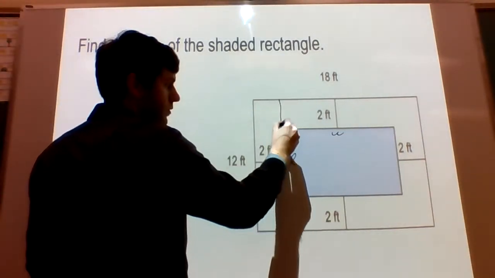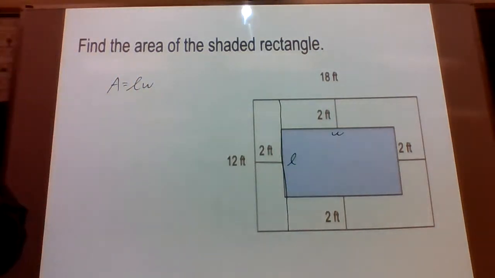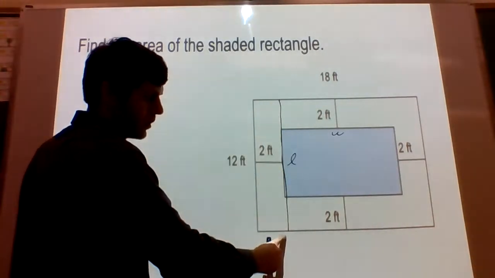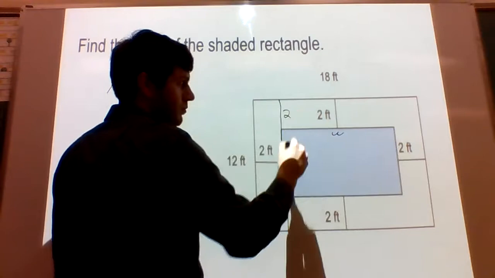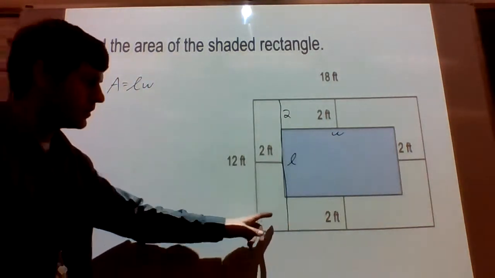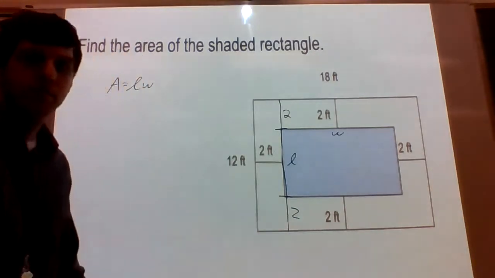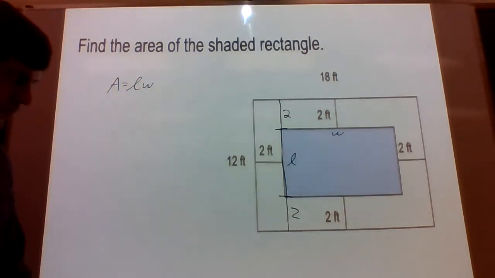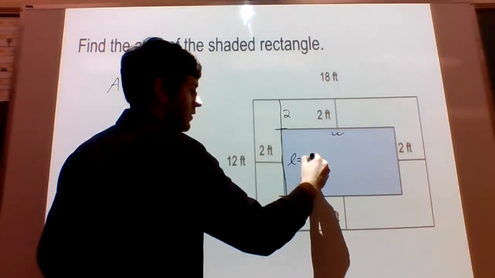So let's consider this length right here. That whole length is 12. We know that this distance here is 2 feet, and this distance down here is also 2 feet, which means our length is 8.